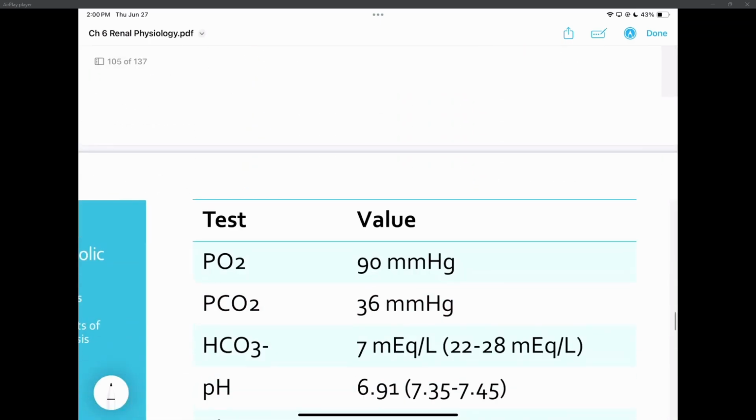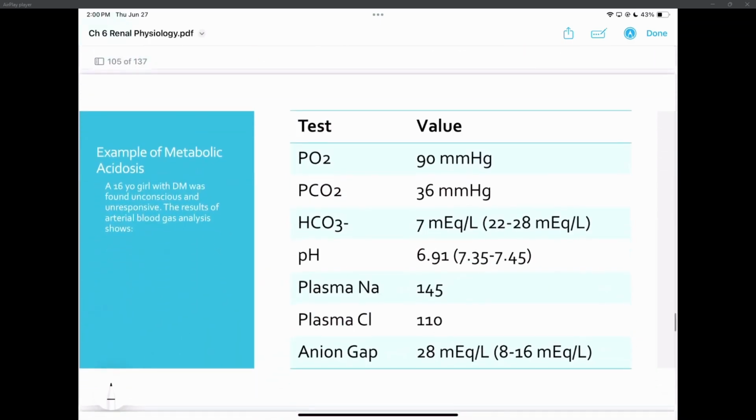So here's an example. A 16-year-old girl with diabetes was found unconscious and unresponsive. Here are the blood gas analysis. PO2, 90, is that normal or abnormal? Normal. 90 to 100 is a normal PO2, so that's okay. PCO2, 36.